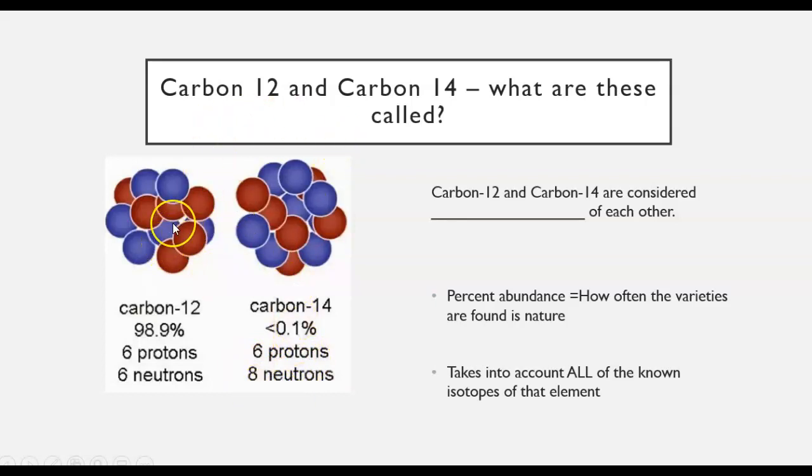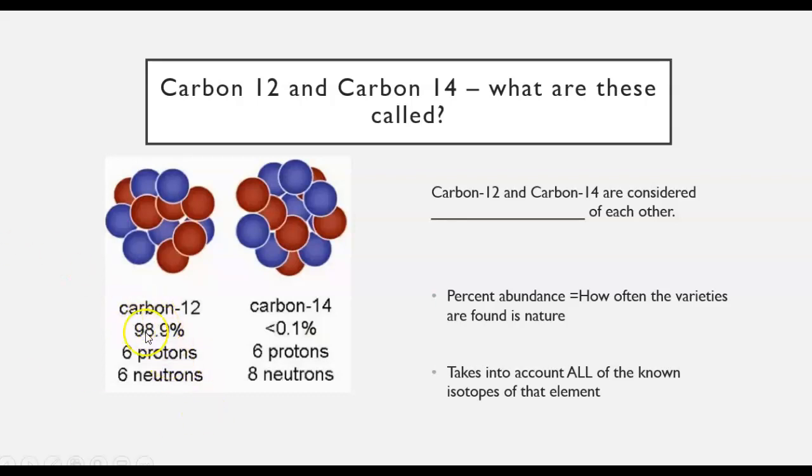So there's a name for atoms that have a different number of neutrons. If it has a different number of protons, it's a different element, because we know that the number of protons determines the type of element it is. But when we change the neutrons, what is that called?